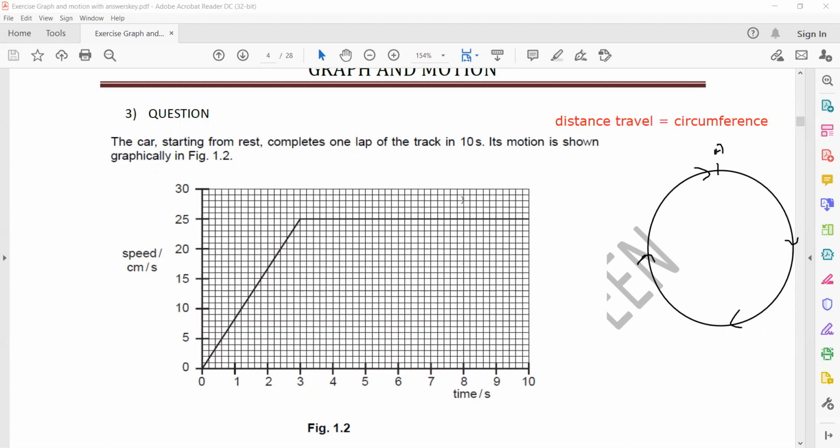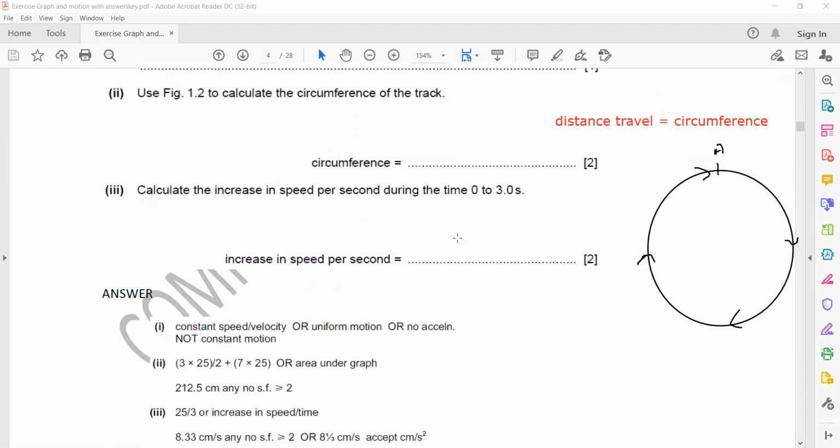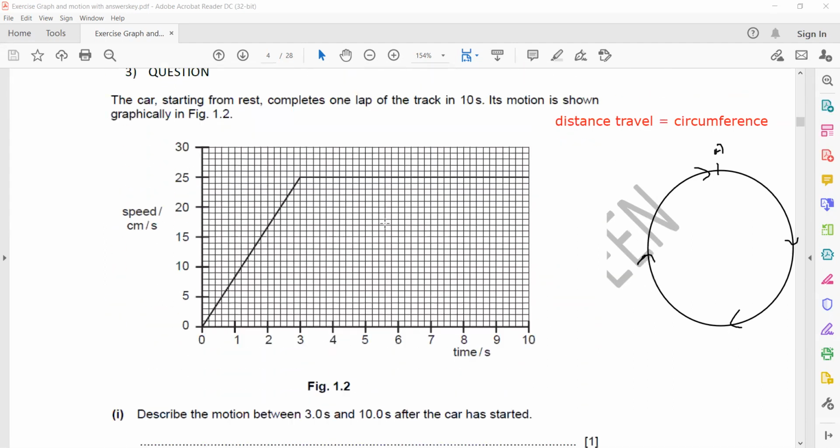So we need the total distance. So how can we work out the total distance? There are two ways. Either you can use a trapezium or you can divide into a triangle and a rectangle.